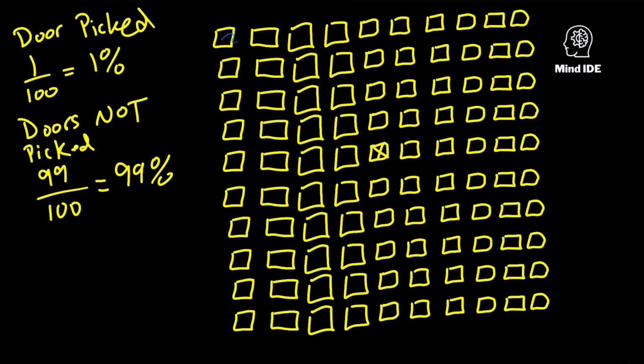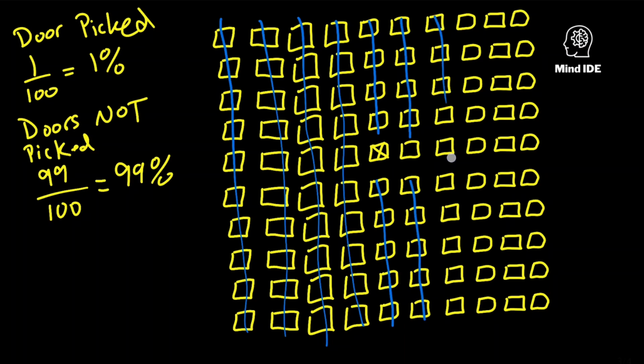So now let's say they open every single door. All these doors get opened. Every single door here gets opened. All of these doors. Okay. And they say, do you want to stick with the door that you already picked, or do you want to switch to this other unopened door?